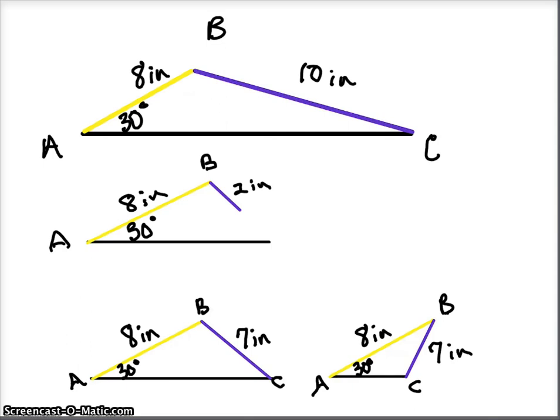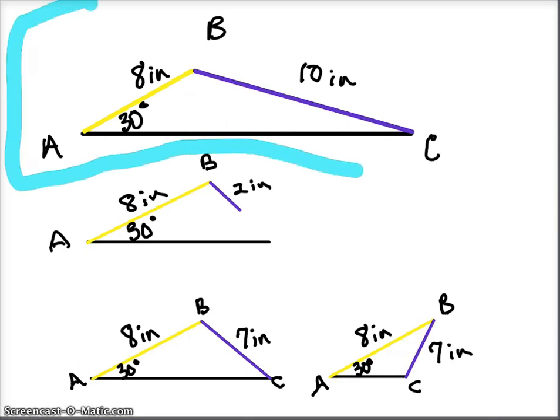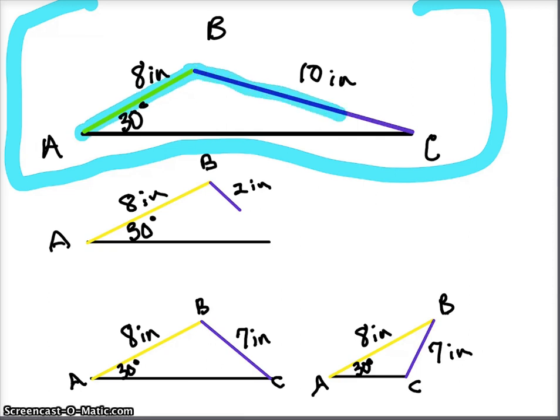In some situations, you found only one triangle that contained a side of 8 and a side of 10. In another case, you tried a side of 8 and a side of 2 inches, and you found that 2 inches was not long enough to create a triangle without changing this 30-degree angle.